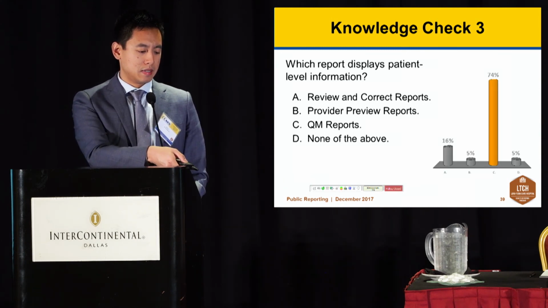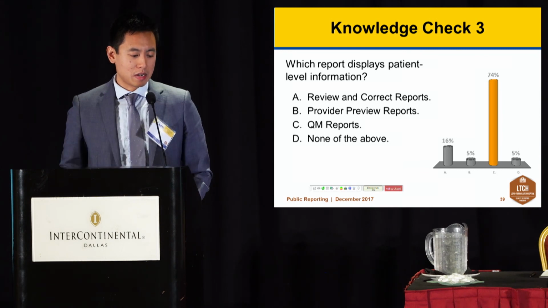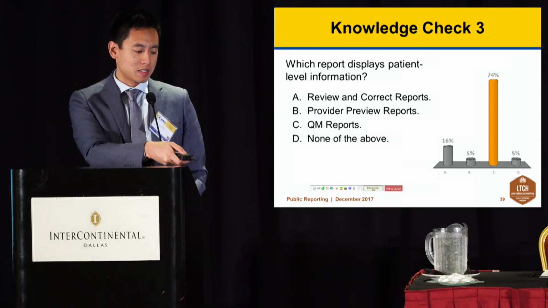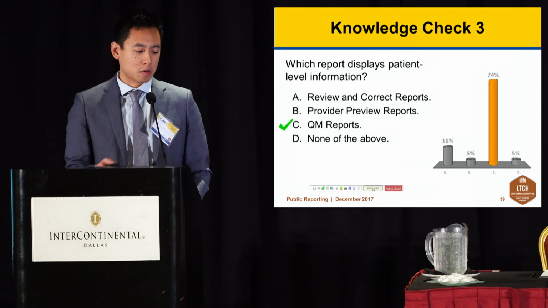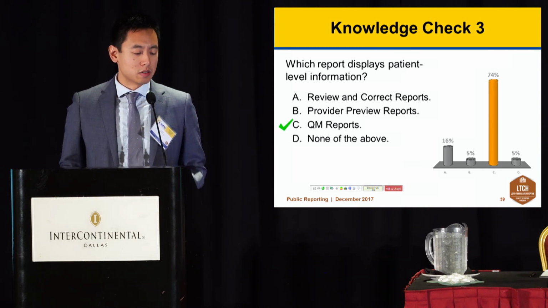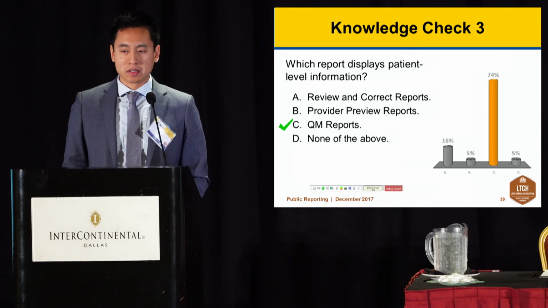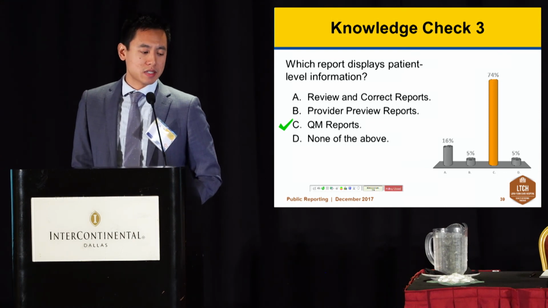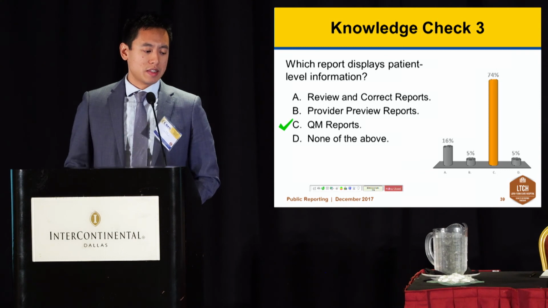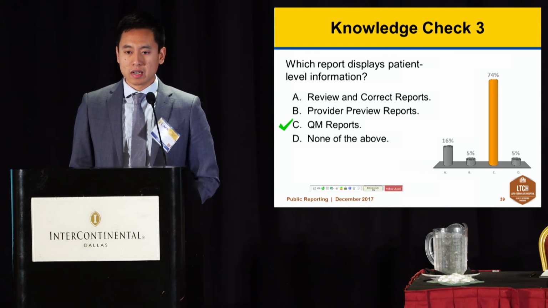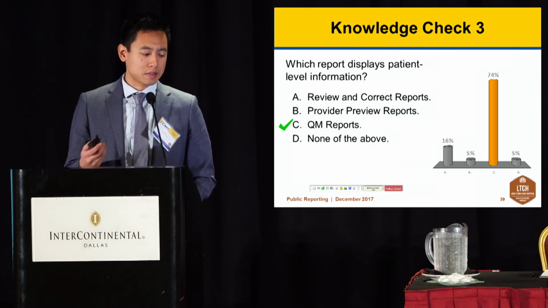And the majority picks the correct answer. It is C, the QM reports. So to reiterate, the review and correct reports are just assessment-based measures. They do not include the CDC measures or the claims-based measures. And then only the QM reports provide patient-level information.